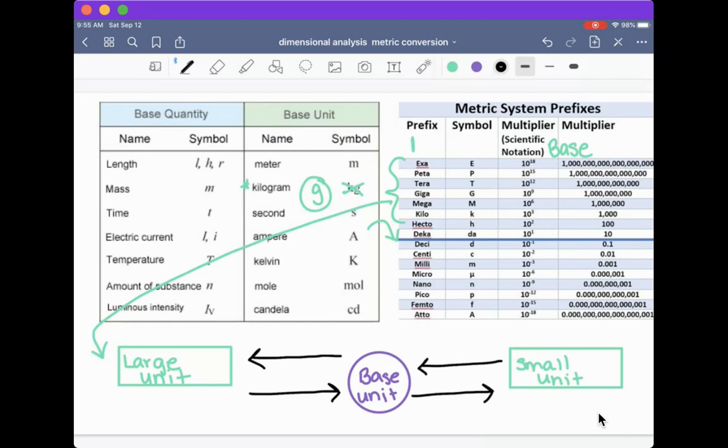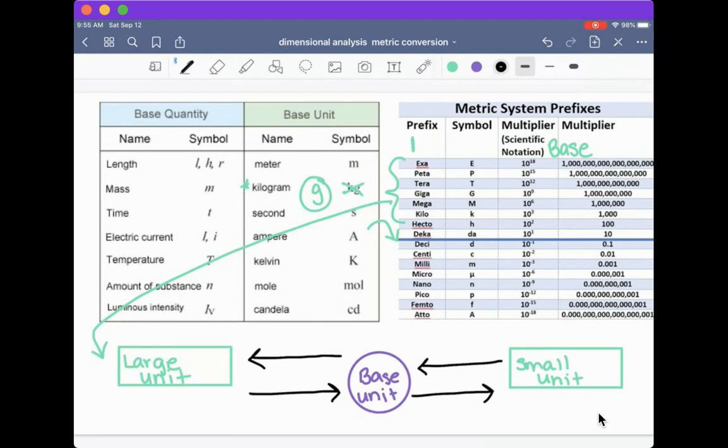I can go from one large unit into the base unit and then back into a different large unit. I could go from a large unit into the base unit into a small unit. I could go from the small unit into the base unit back to a small unit, and so forth. So I'm just going to follow these arrows. These arrows represent how many equalities you're going to need to get there. It's a very simple map that's going to help you realize the pattern when converting within the metric system.